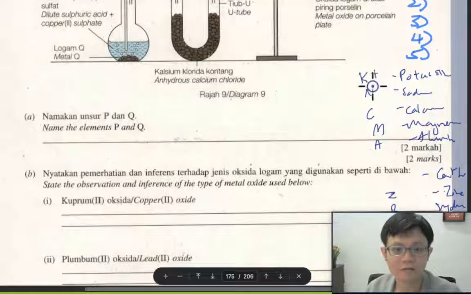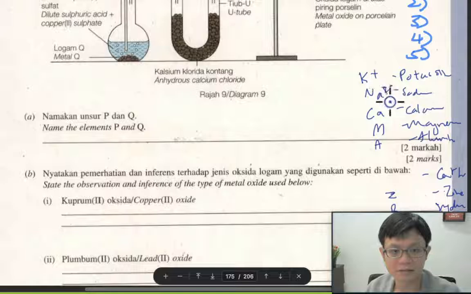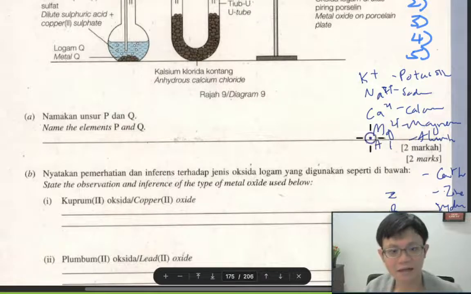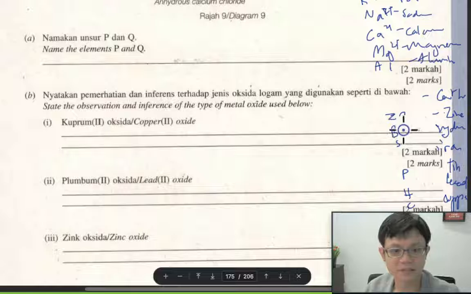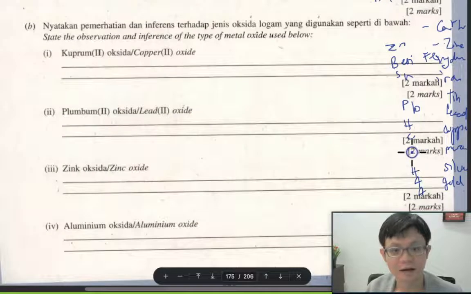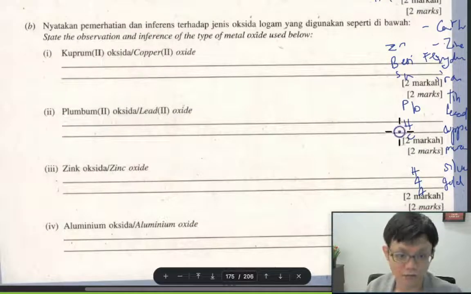Kalau nak cari tu plus makanan ada zat zinc, besi is ferrum, Fe, susah stannum tin, pun Pb plumbum lead, harus cuba.